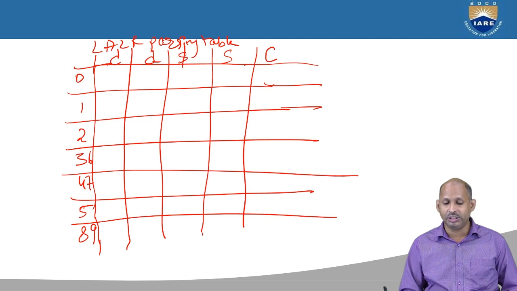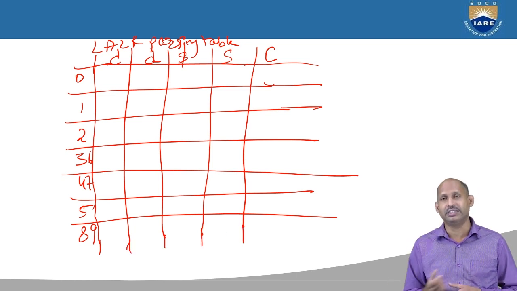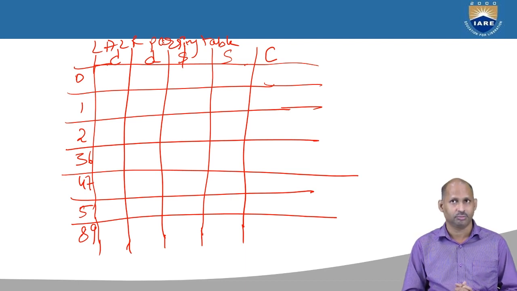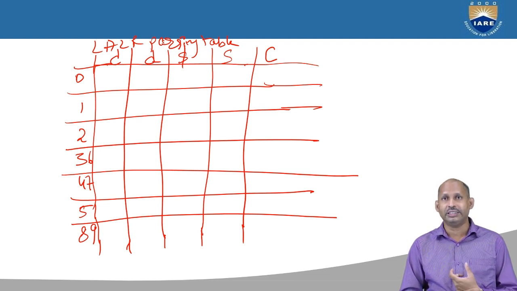So the variables are considered as the go-to table, and the terminals are considered as the action table. Right? Okay, is it clear?